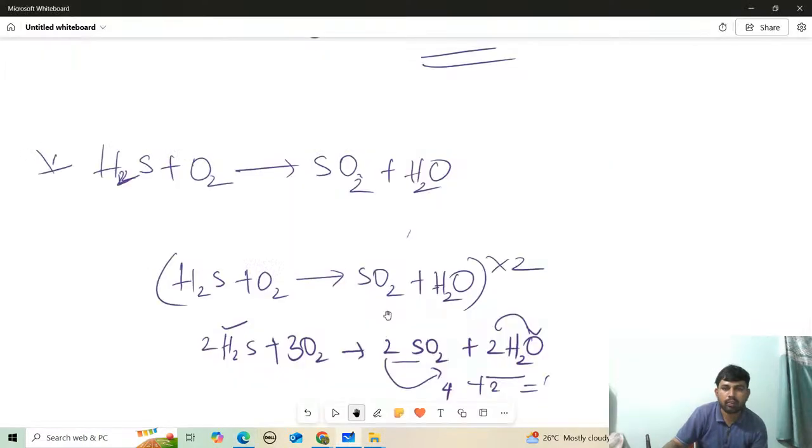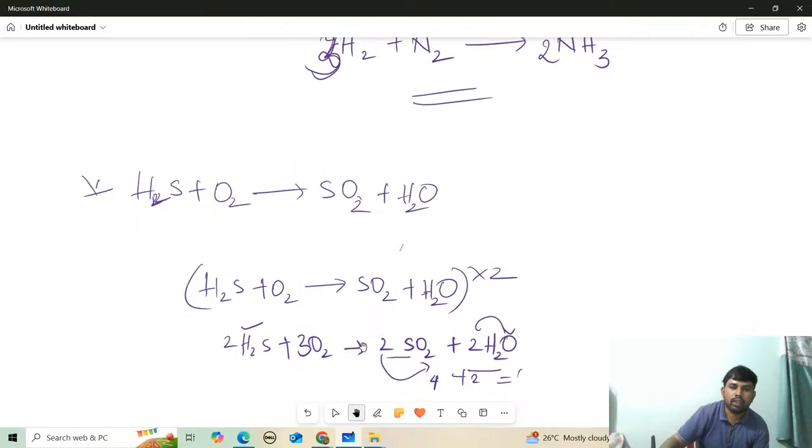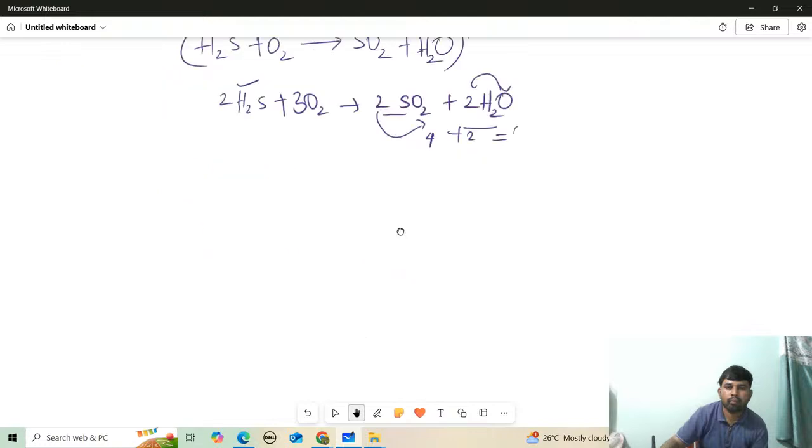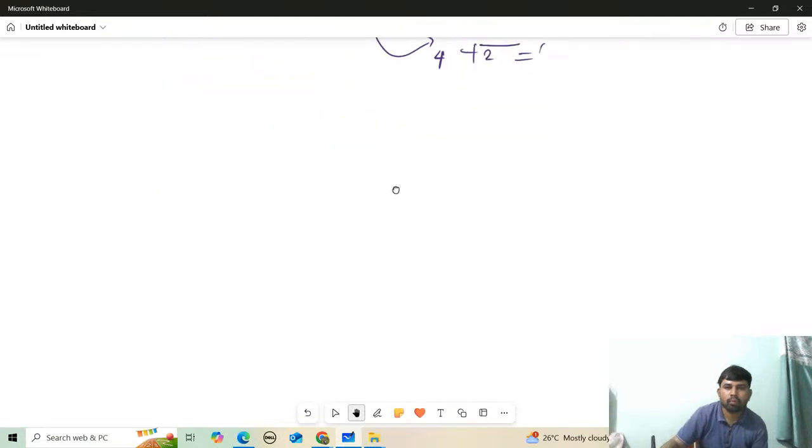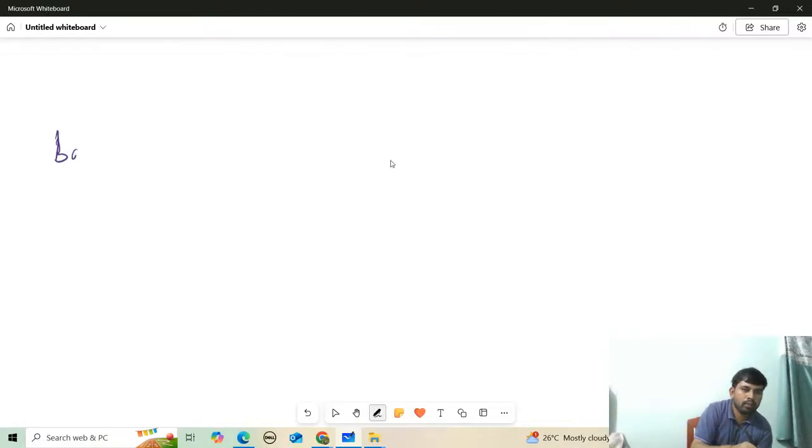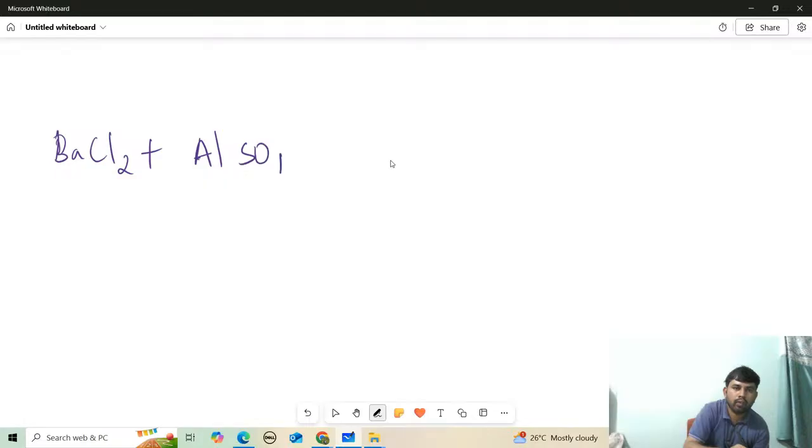Aluminum sulfate is Al2(SO4)3. This gives rise to a double displacement reaction.